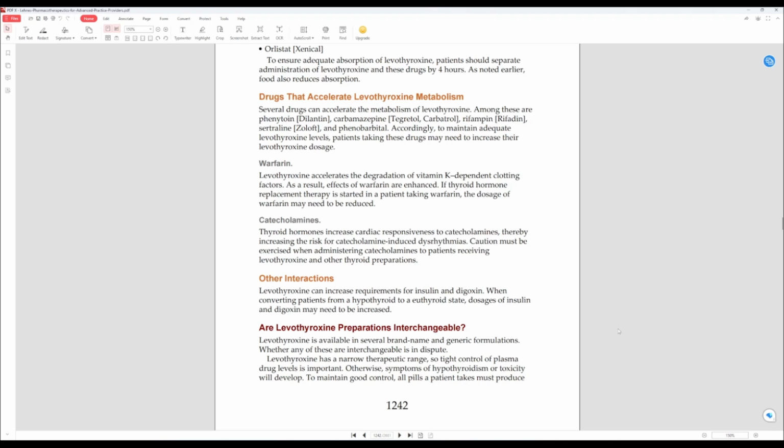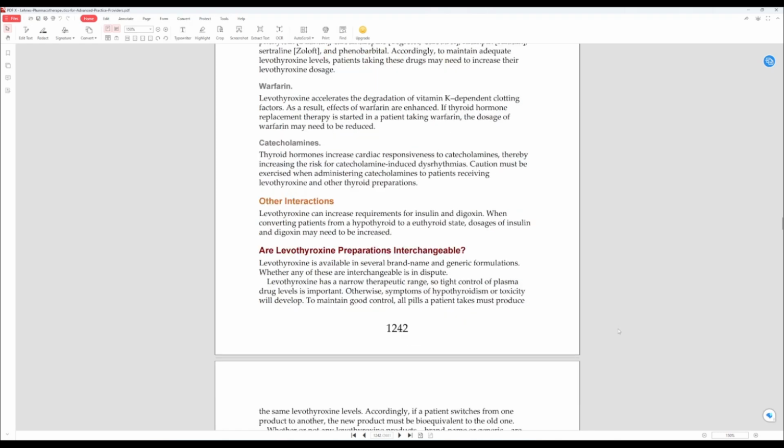Accordingly, to maintain adequate levothyroxine levels, patients taking these drugs may need to increase their levothyroxine dosage. Coumadin: levothyroxine accelerates the degradation of vitamin K-dependent clotting factors. As a result, the effects of Coumadin are enhanced. If thyroid hormone replacement therapy is started in a patient taking Coumadin, the dosage of Coumadin may need to be reduced.